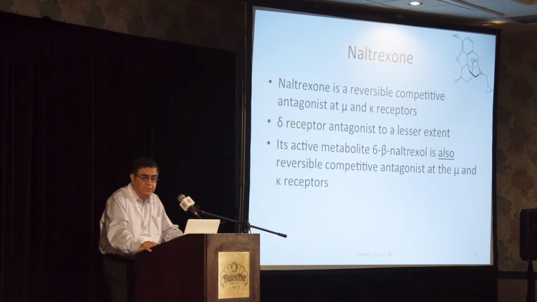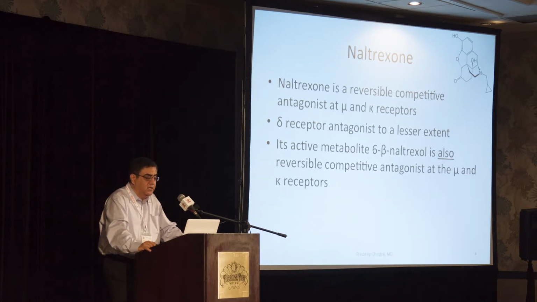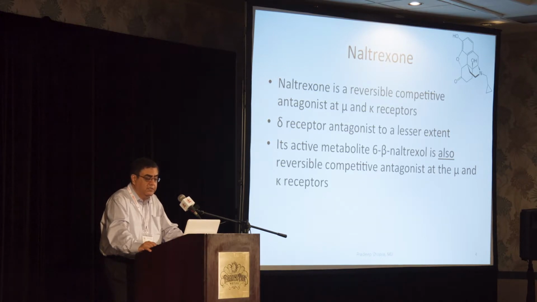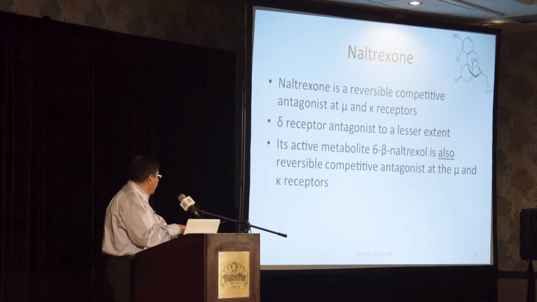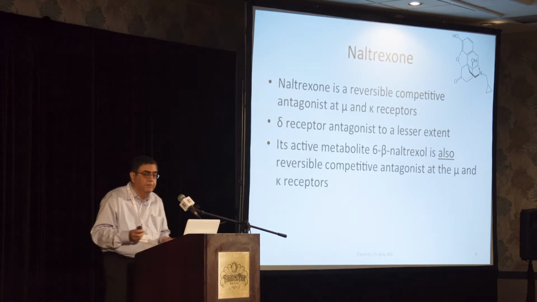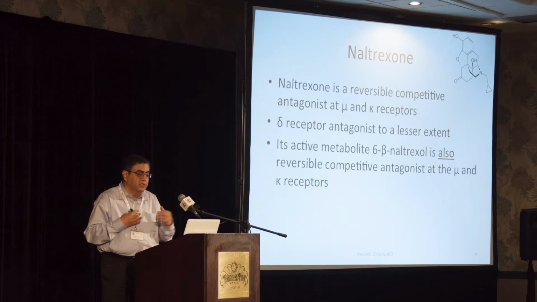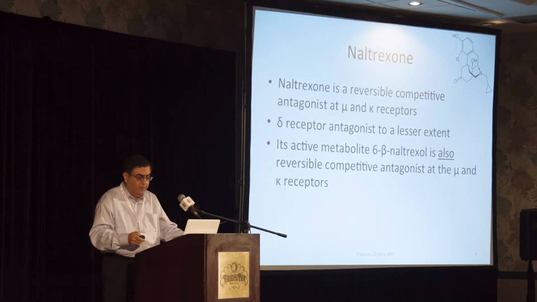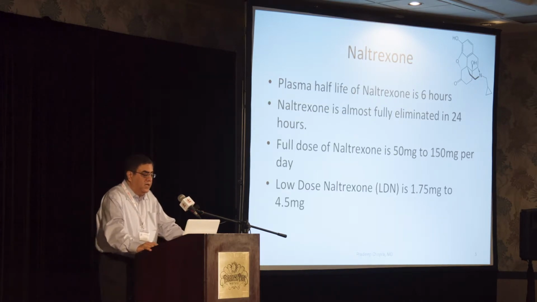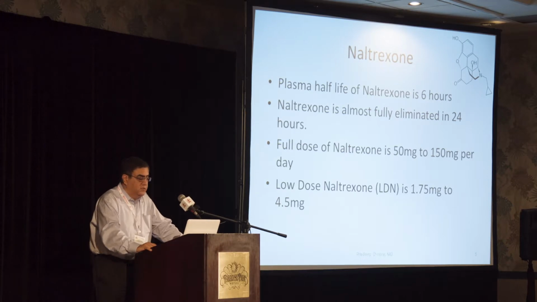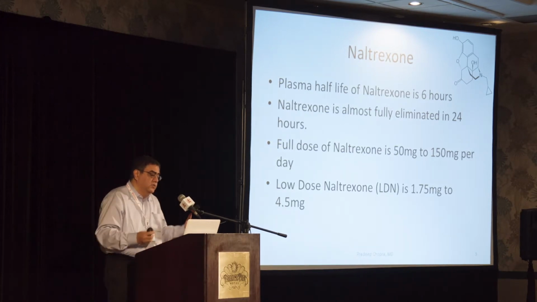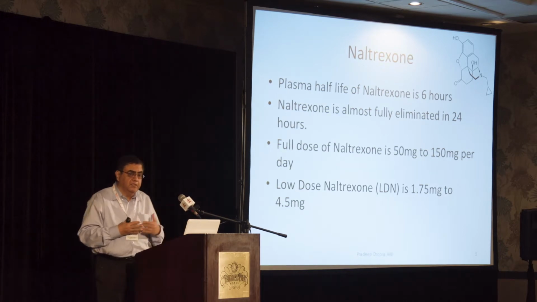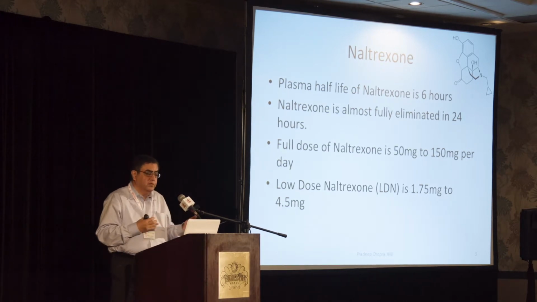Once naltrexone is taken into the body, it is converted by the body into something called 6-beta naltrexone. 6-beta naltrexone works the same as naltrexone, but it has a much lower effect. The plasma half-life of naltrexone is 6 hours, and this is really important to know because it means the body processes half the dose of naltrexone in 6 hours.